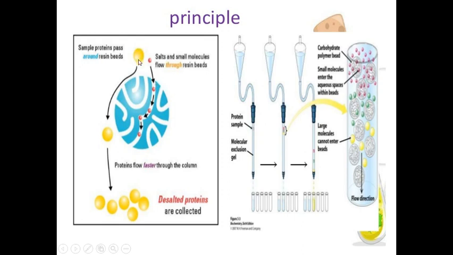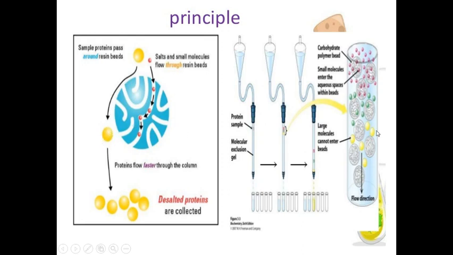But on the other hand, the yellow molecule is unable to pass through this pore. Why? Because the size of this molecule is very big compared to the pore diameter, and that's why this molecule is excluded, and it transfers through the space in between the gel beads.